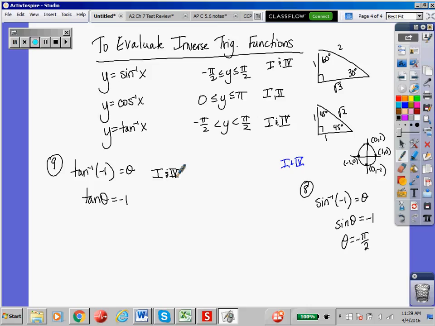So what's the reference angle here? This is a 45, but it's negative 1, so I've got to push it into the fourth quadrant, so theta is negative pi over 4. It's negative 45 degrees because I can't put 7 pi over 4 down.